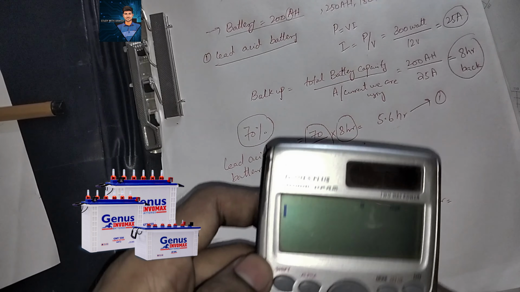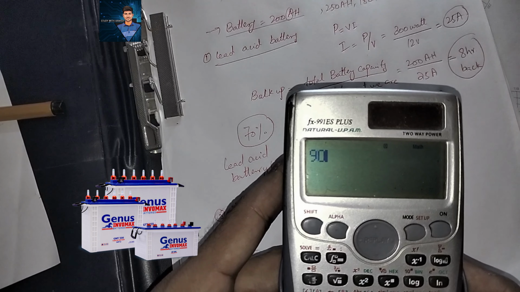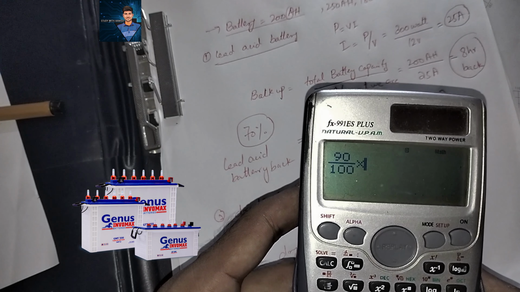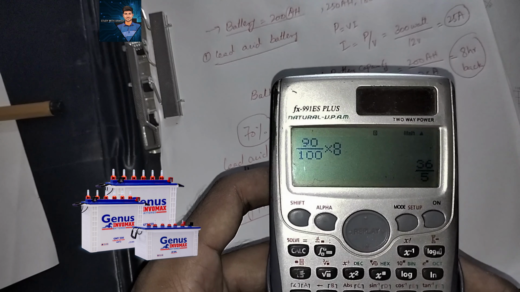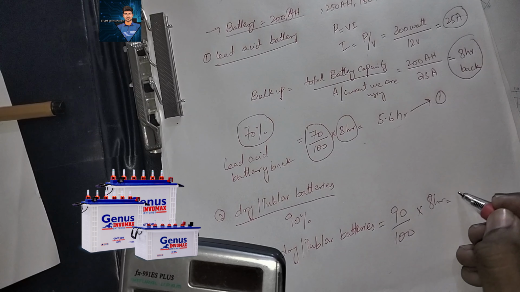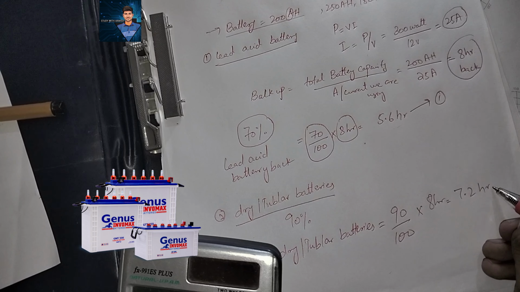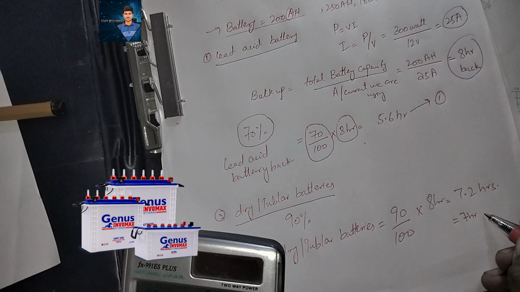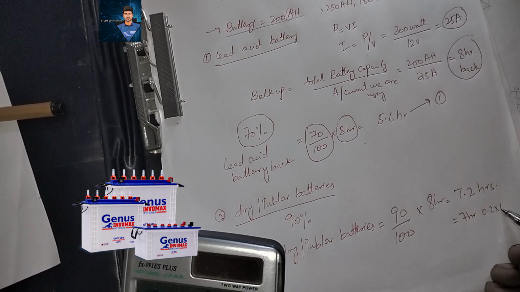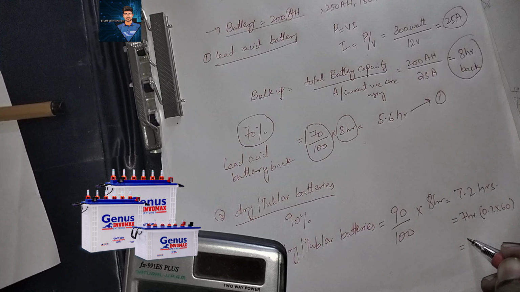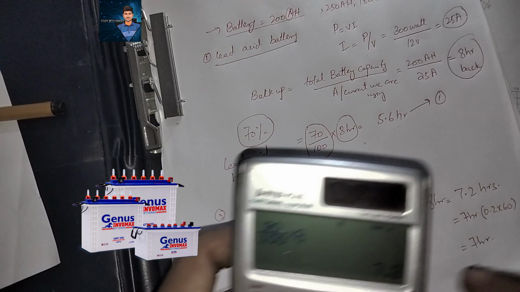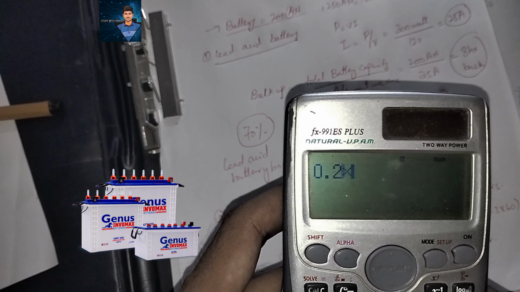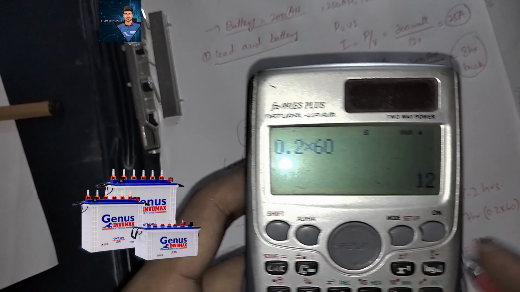So let's multiply 90% into 8, so it will provide us 7.2 hours. So it is 7 hours, and 0.2 we will multiply by 60 to get the minutes. So 7 hours, and 0.2 multiplied by 60 is 12 minutes.